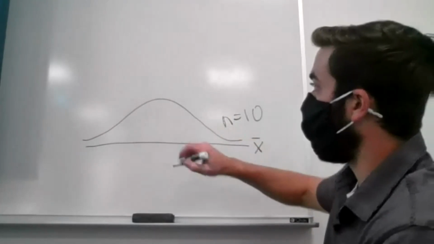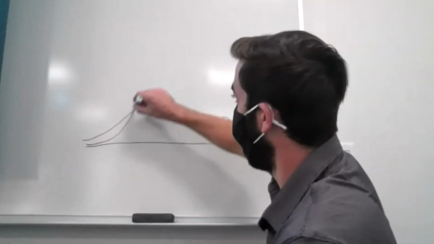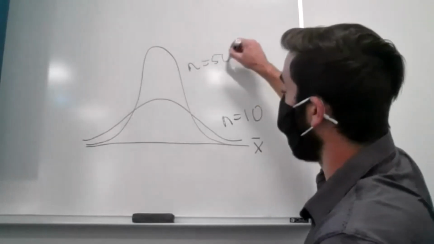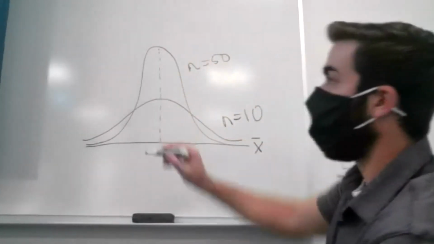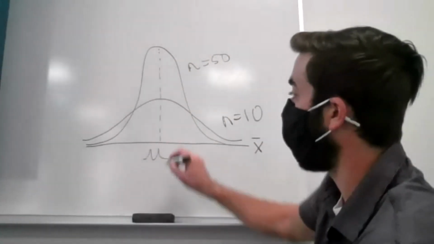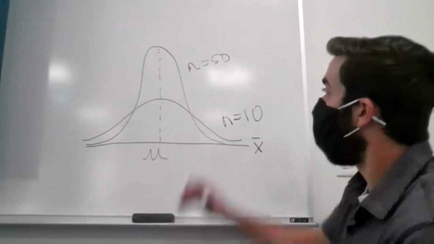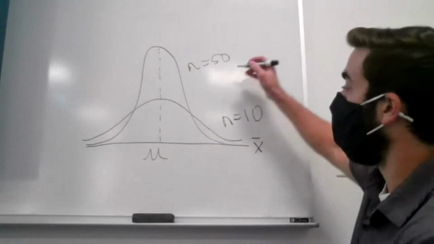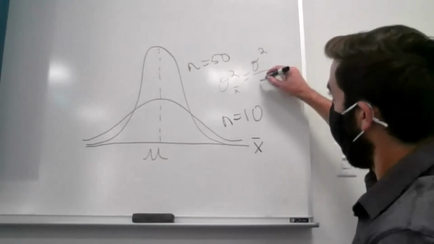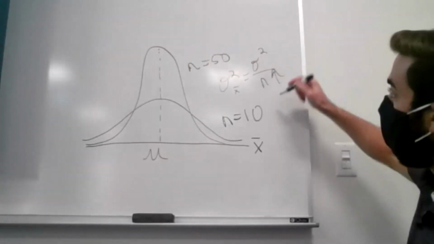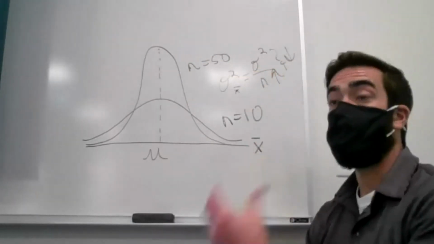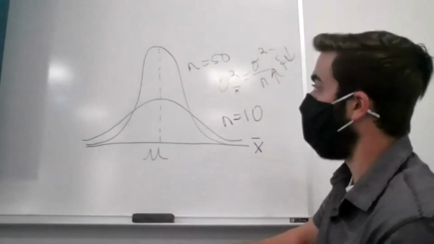If the sample size was 10 here, and then I have one where I have a sample of size 50, the mean of both those sample mean distributions will be whatever the original population mean was. But notice when I take a higher sample size, I know that it would reduce the entire fraction, or reduce the variance, and a smaller variance means a more peaked distribution.